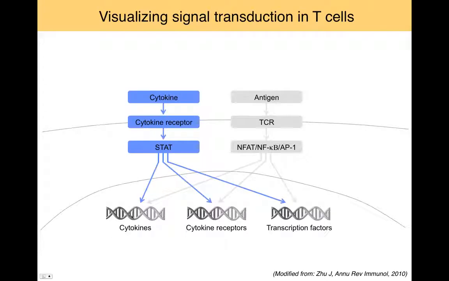And this is just a very reductionist scheme of information flow during T cell antigen presenting cell interactions, where antigen in the context of MHC molecules binding to the TCR, the T cell receptor, triggers a variety of signaling cascades which then converge on the activation of several families of canonical transcription factors. So the NFAT proteins, NF-kappaB proteins, and the AP-1 heterodimeric protein families.